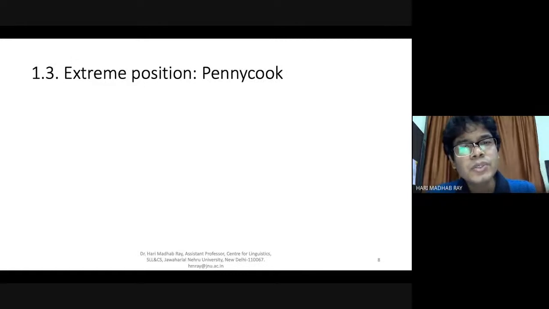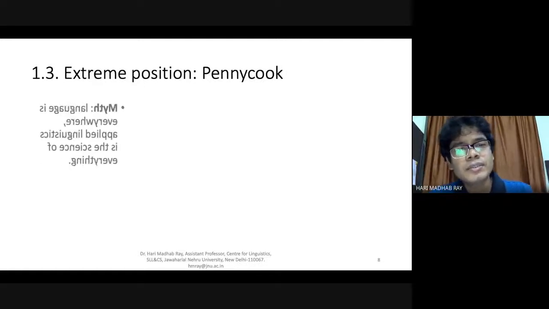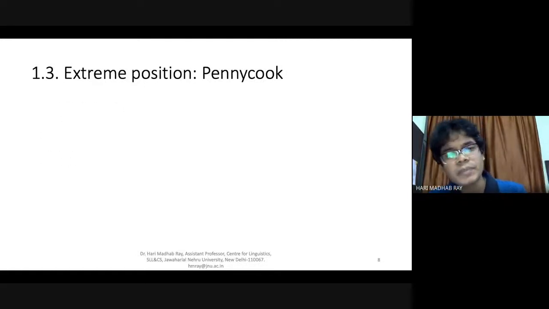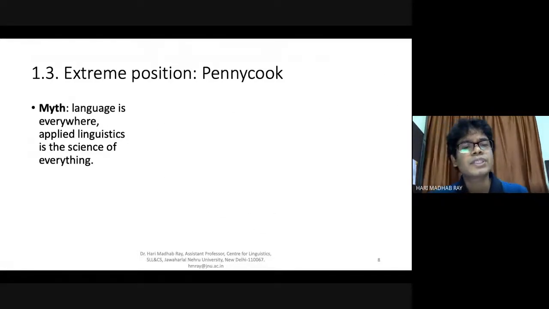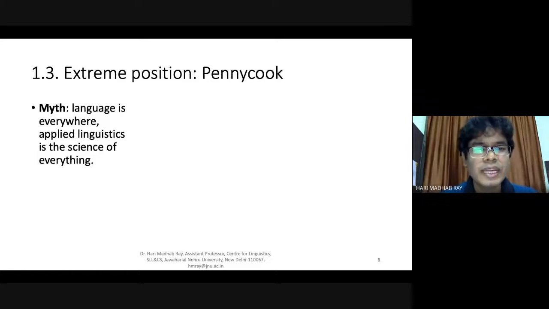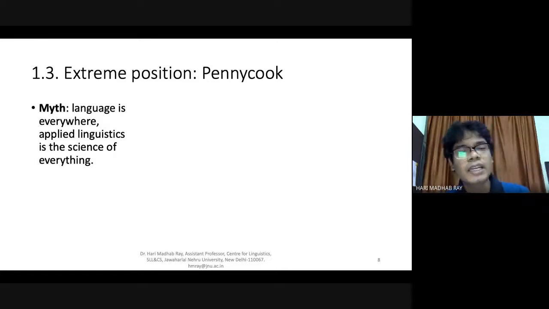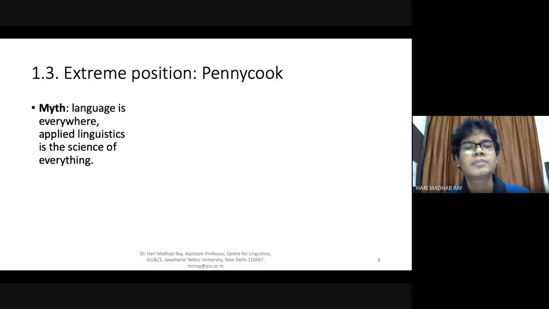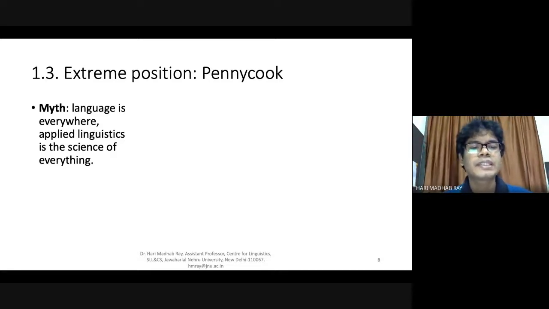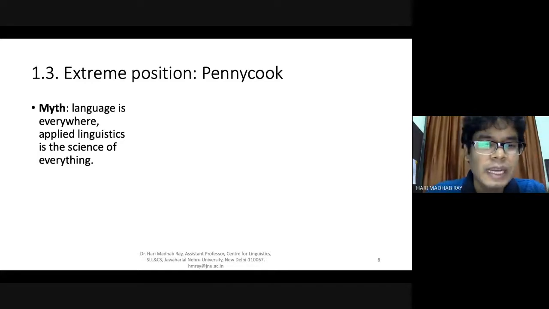Now, Pennycook has that kind of broad interpretation. The extreme position is what we are talking about: that language is everywhere, and applied linguistics is the science of everything. We should not have that kind of view that applied linguistics is the science of everything, wherever language is.